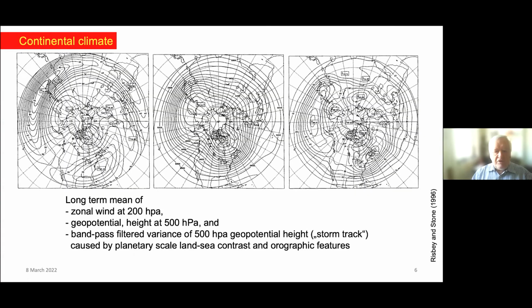The next diagram shows you the long-term mean of the zonal wind at 200 hectopascal on the left, geopotential height in the middle, and the bandpass filtered variance of 500 hectopascal geopotential height, often named storm track. And here you see, obviously, that there are geographical features, but the broad things are essentially given by the major mountain ranges and the distribution of land and sea.